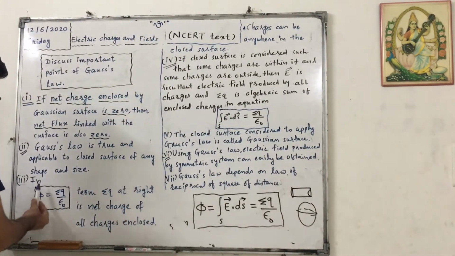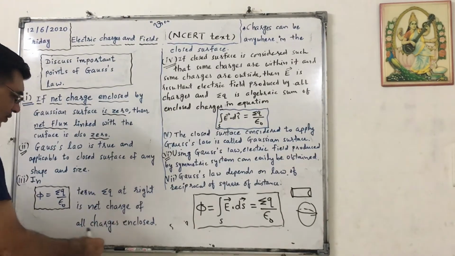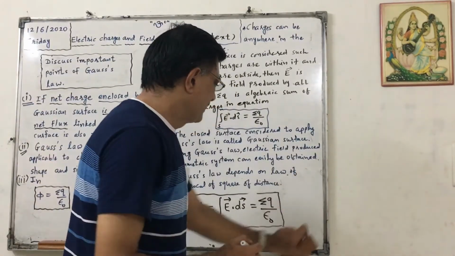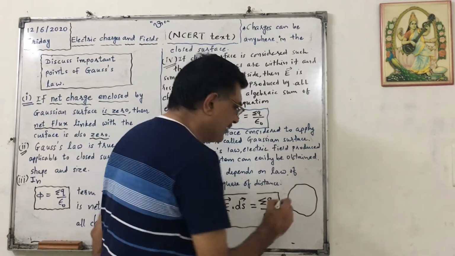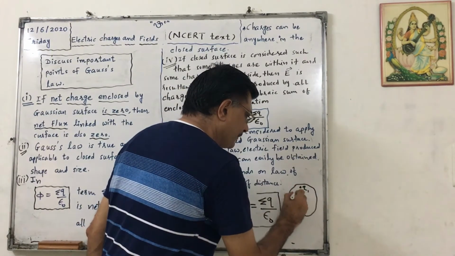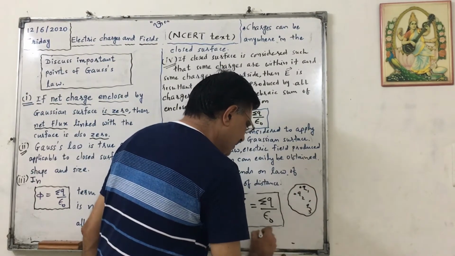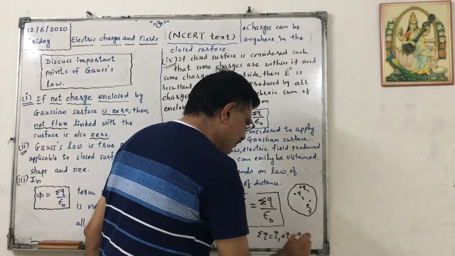Now third, in phi equals sigma q upon epsilon naught, what is sigma q? It is the net charge of all charges enclosed. Suppose this is the Gaussian surface and here are the charges q1, q2, q3. Then sigma q is q1 plus q2 plus q3.